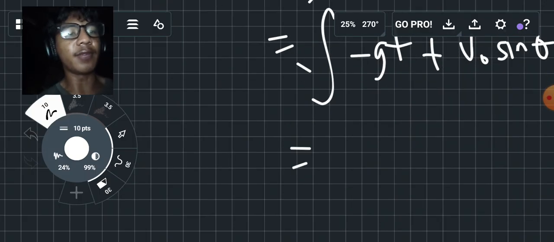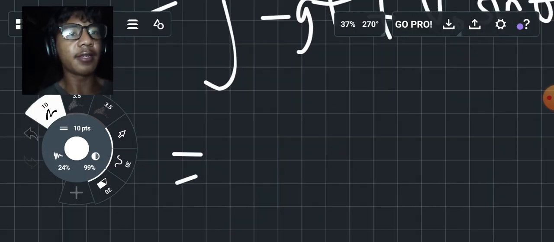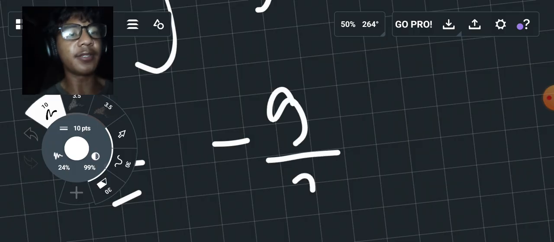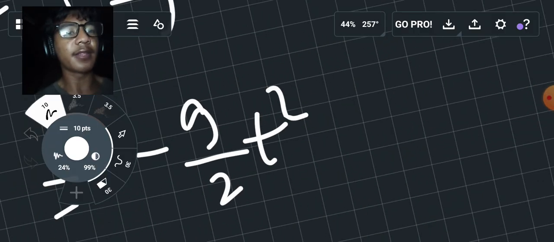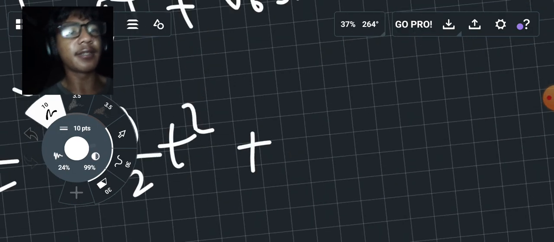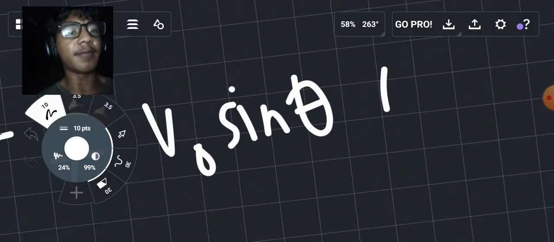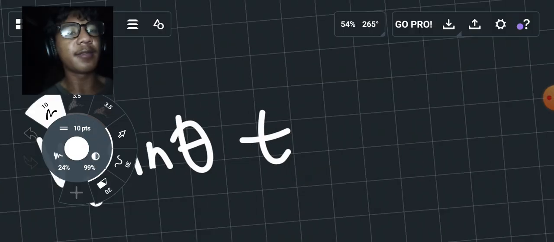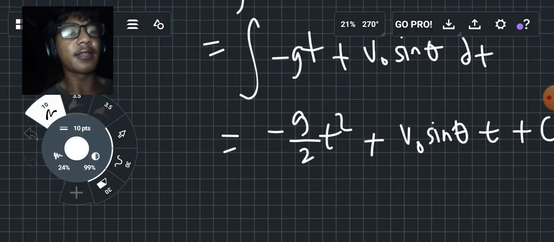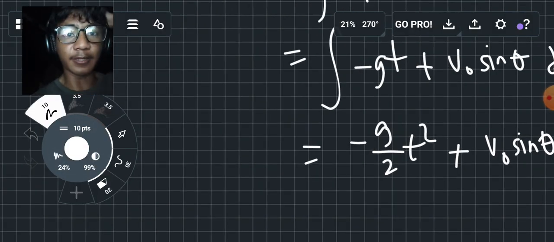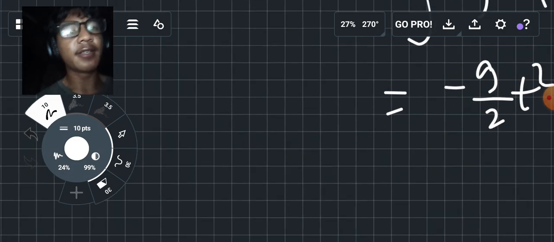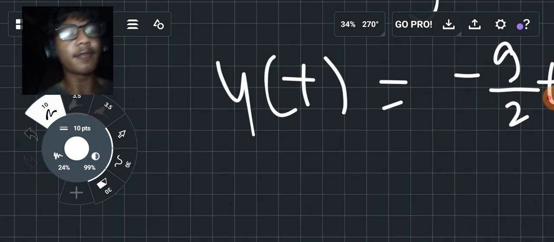Okay, so working out the math, we get negative g over 2 t squared plus v naught sine theta times t plus c as the constant of integration, and that is y of t.